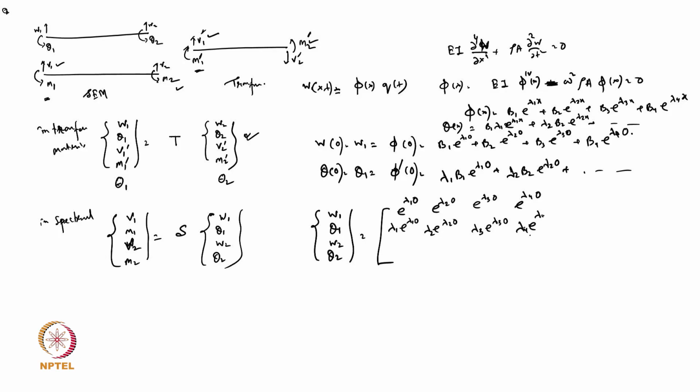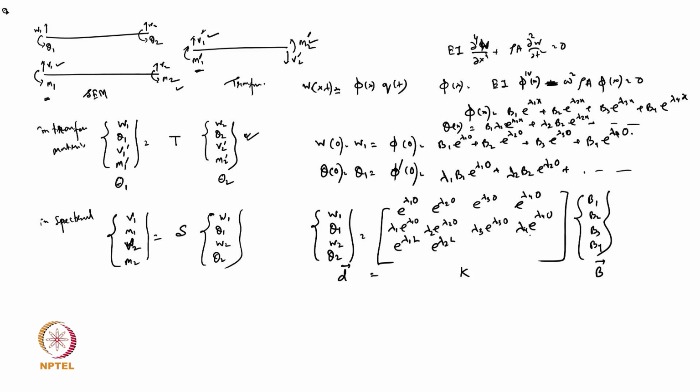And then here it will be e to the power of lambda 1 L, e to the power of lambda 2 L, like this way these terms will come, multiplied by v1, v2, v3, v4. So this is my b vector, this is my d vector, and this I can just call the k matrix.